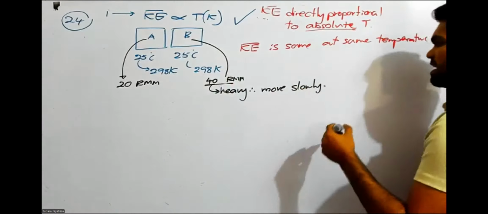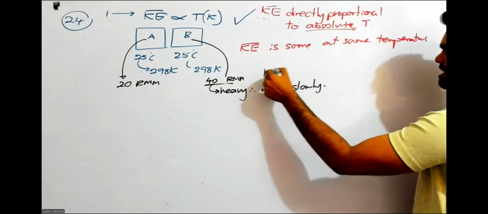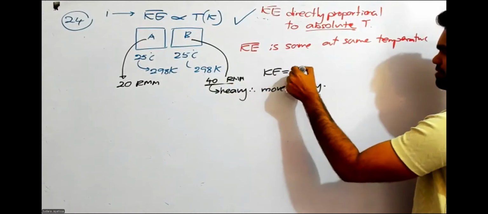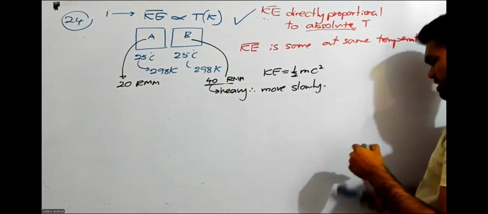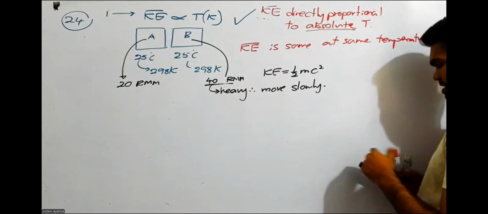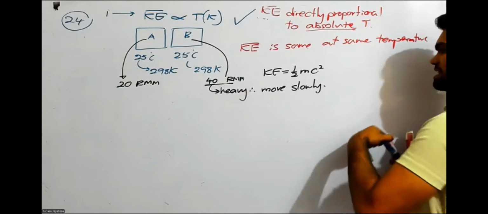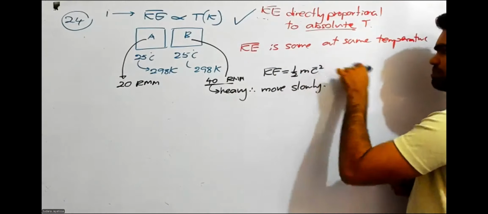Okay, but their average kinetic energy, the kinetic energy is equal to half mv square, half mc square according to our derivation, right? So now take a random molecule. If it is average, then it is KE bar equals half mc squared bar.